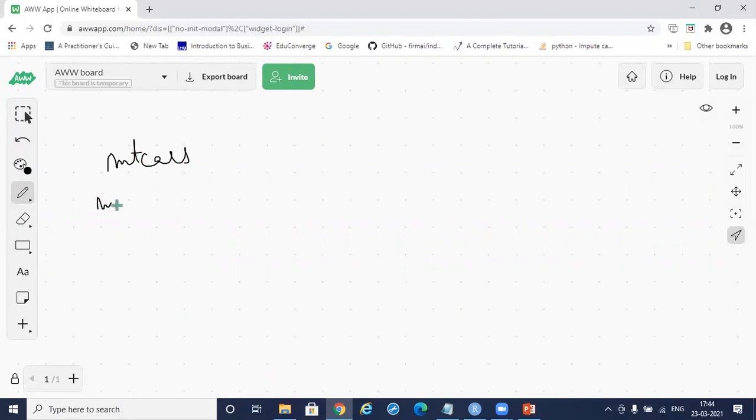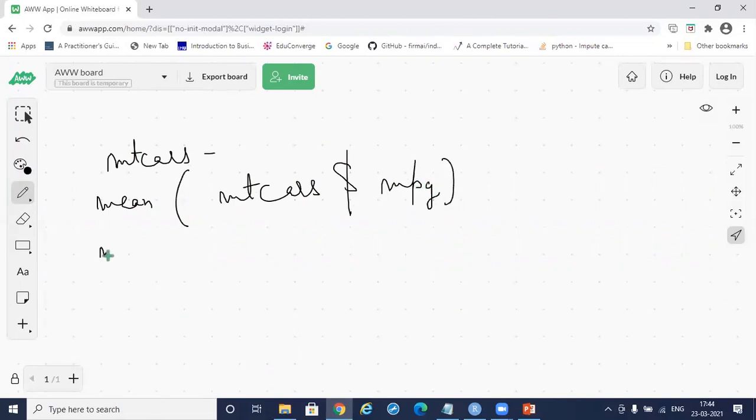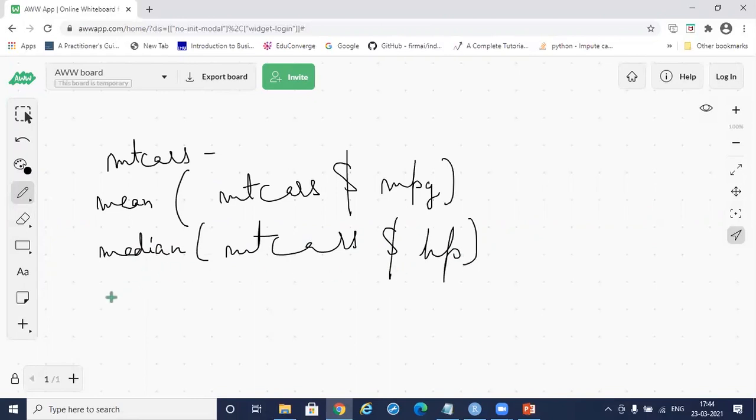I want to find out the mean of mtcars, okay? This is the data frame name now, which is holding all the data, and the column name here. Suppose mean of miles per gallon, I want to find it out. I want to find out the median of mtcars dollar hp, horsepower is there.